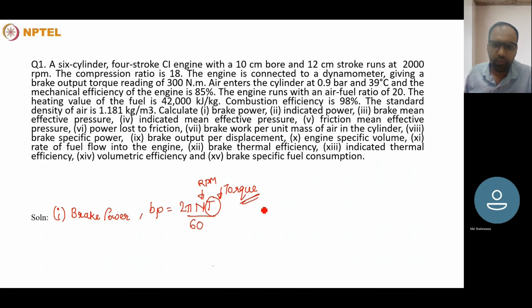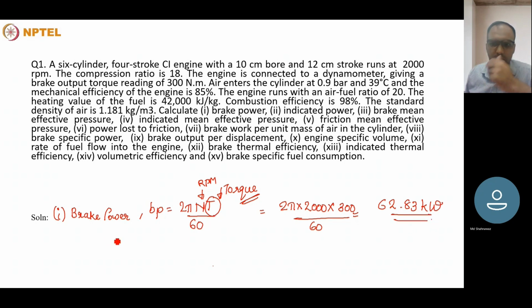In this particular problem, RPM is given as 2000, torque is 300 Newton meter, and solving this we get brake power to be 62.83 kilowatt.